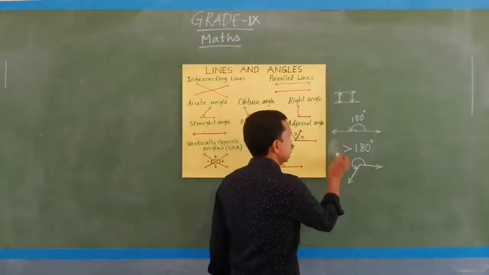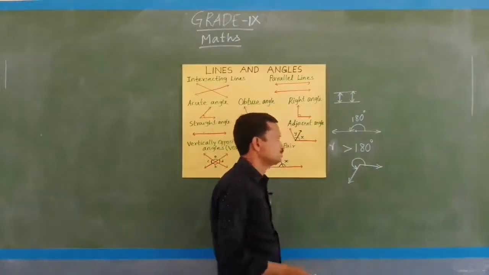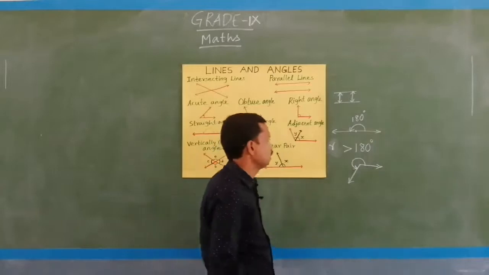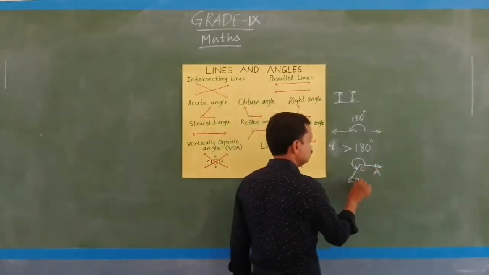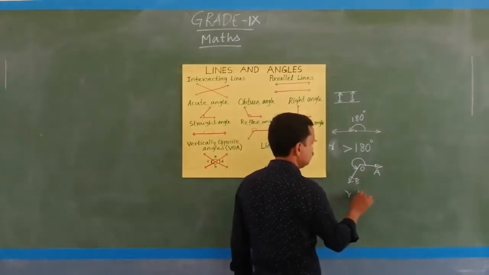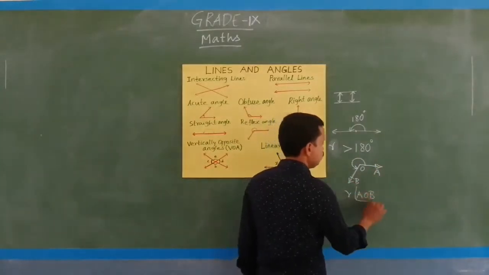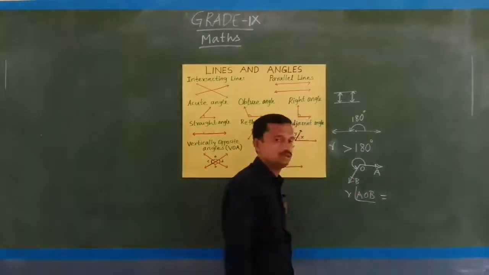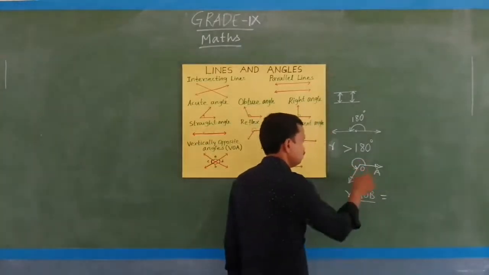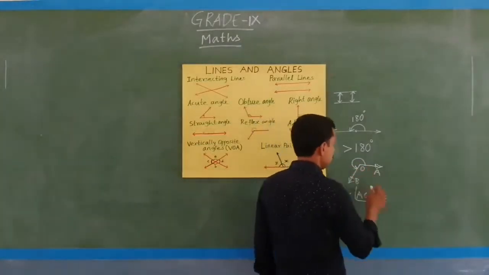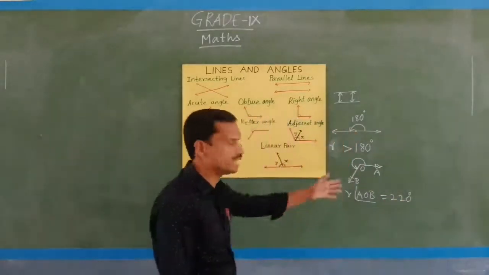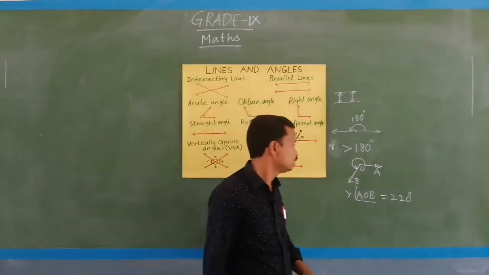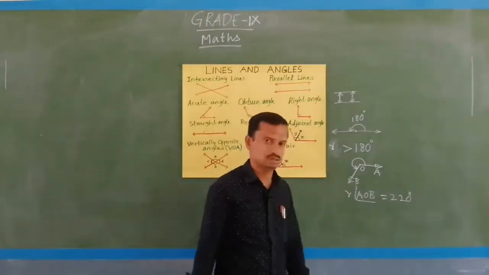You can put a small r before it. For example, if it is A, O, B, you write reflex angle AOB equals, say, 220 degrees. This is more than 180, so we call it a reflex angle.